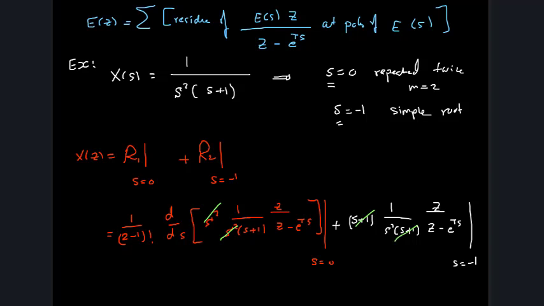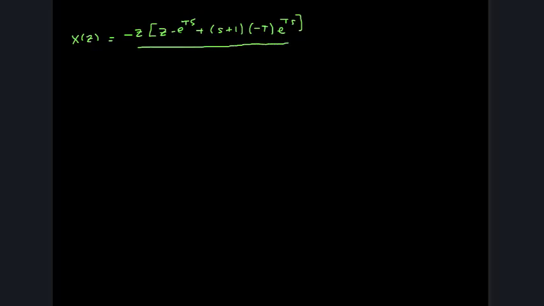If we differentiate, we will get that X(z) will equal minus z multiplied by (z minus e^(ts)) plus (z plus 1) multiplied by minus t e^(ts), over (s plus 1) squared times (z minus e^(ts)) squared, and I should evaluate at s equal to 0.